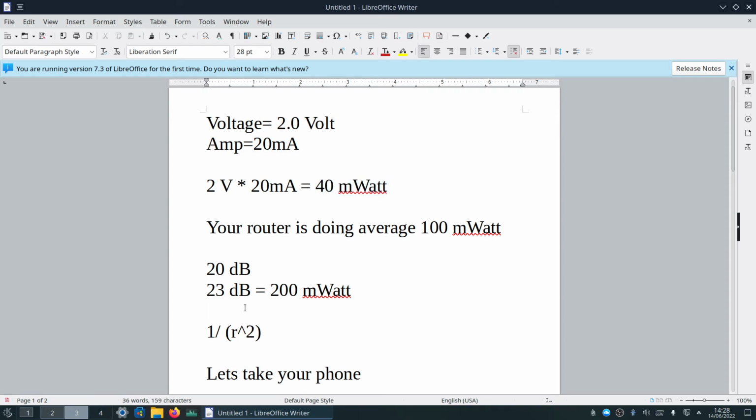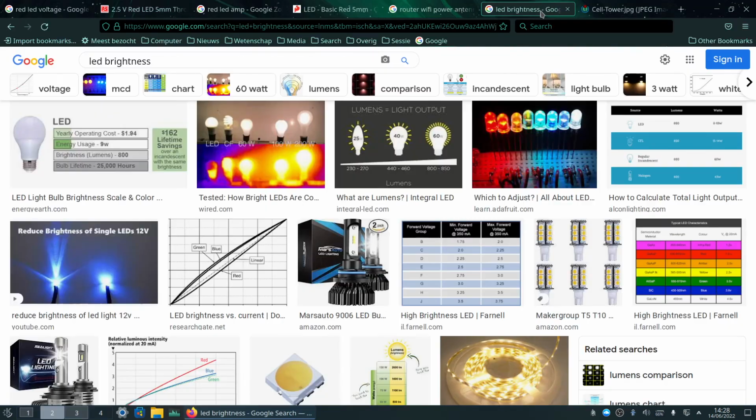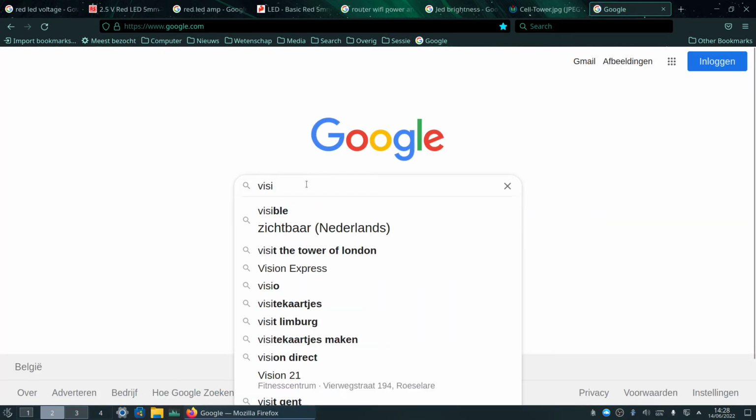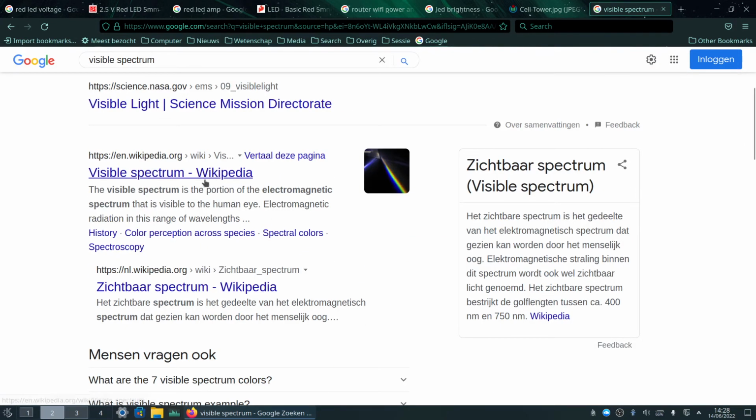People that have undergone surgery for cataract can sometimes see beyond the normal human visible spectrum, more towards the blue. Maybe I should look up the visible spectrum. NASA, what is this? Visible spectrum. Okay.